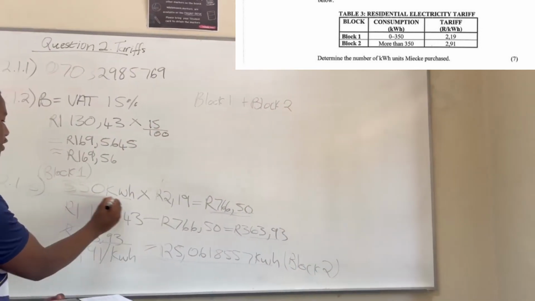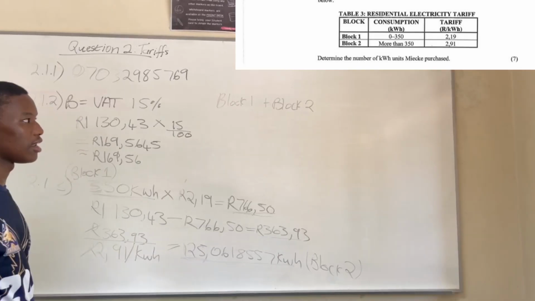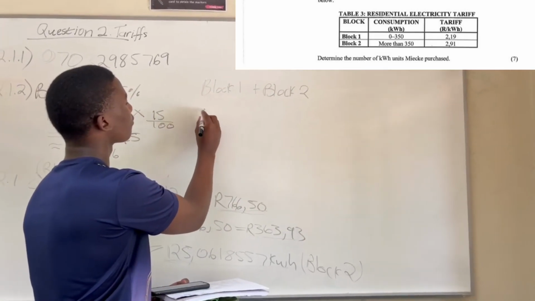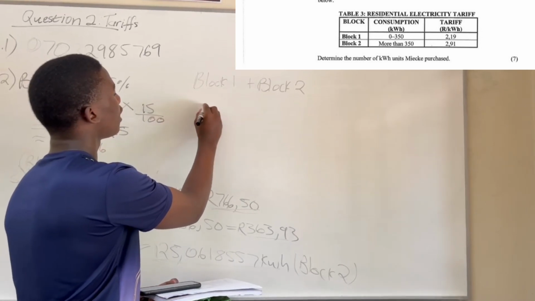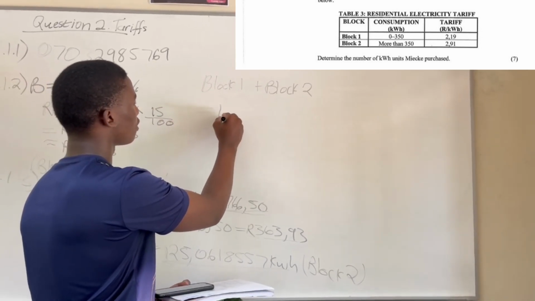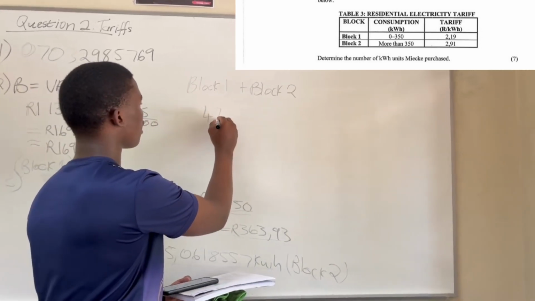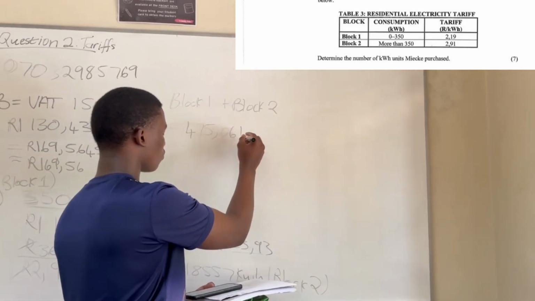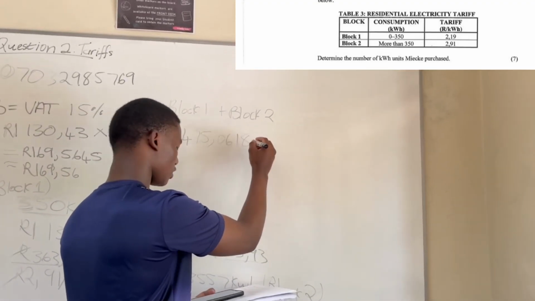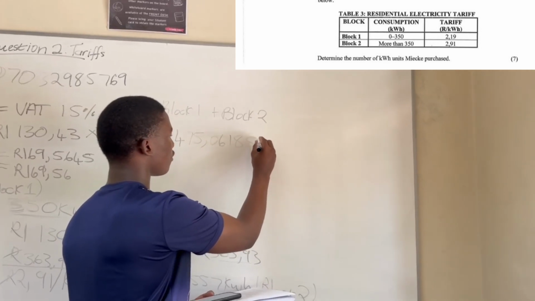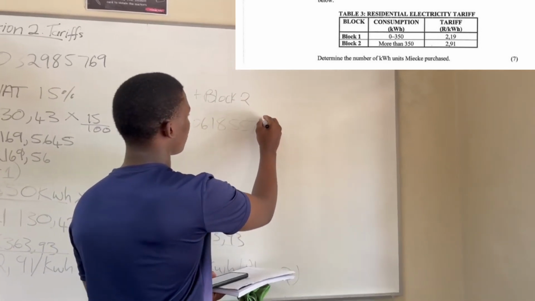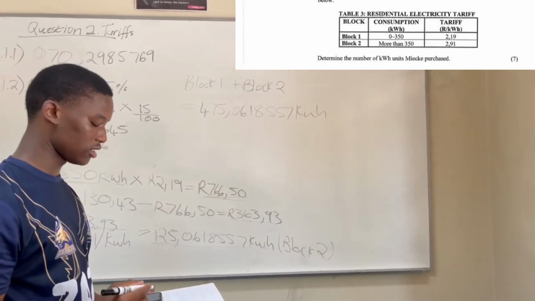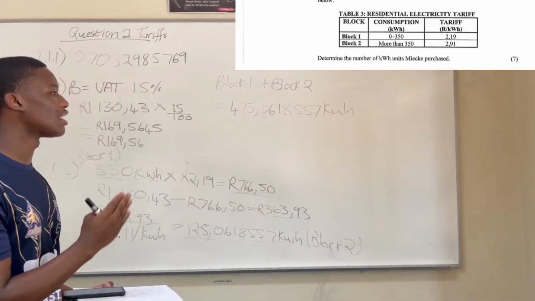So you add the 350 to this now, and then in total, we're going to find 475.6185557 kilowatts.